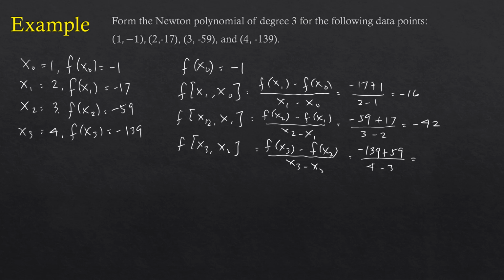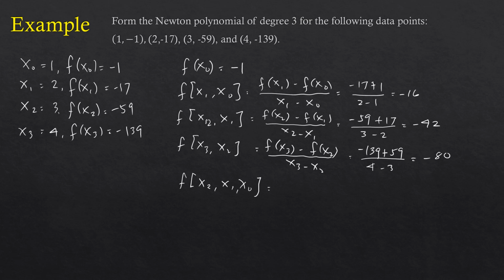That gives us negative 80. So the first finite differences are done, and we go to the third, the second finite divided difference, x sub 2, x sub 1, x sub 0.